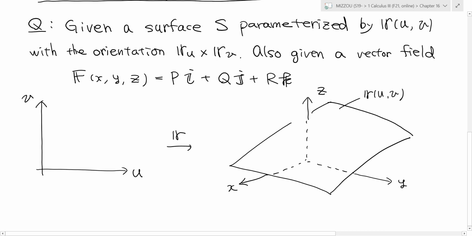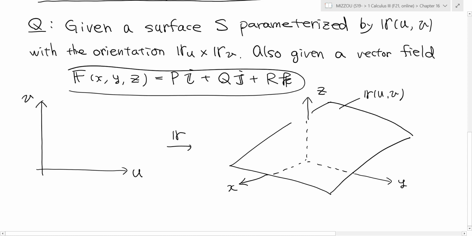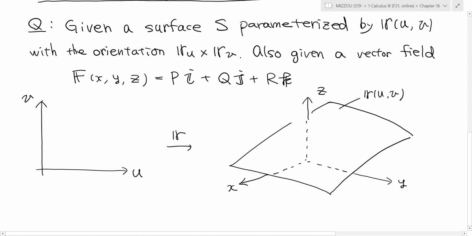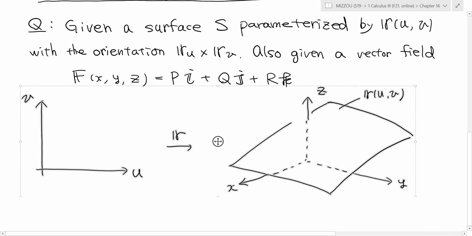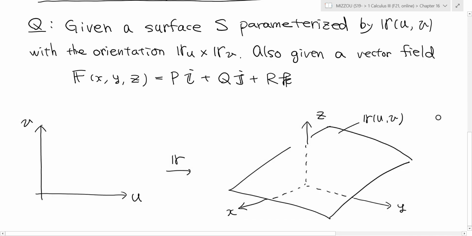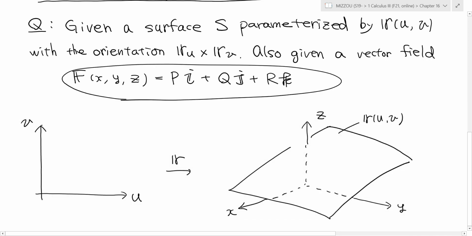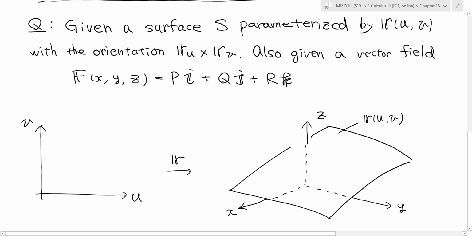Then we have a vector field, so let's think this way. Suppose xyz space is inside the ocean or a swimming pool, and the water is flowing, and the vector field F represents the flow of water.